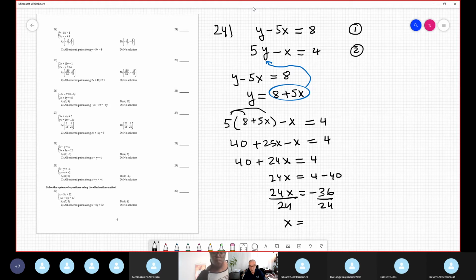This is equivalent to saying minus 3/2. So actually, the thing we are doing is dividing top and bottom by 12. 36 divided by 12 is 3. 24 divided by 12 is 2. And the sign stays the same. Now, in order to find the y value, I'm using this. This is a plus 5 times negative 3/2.